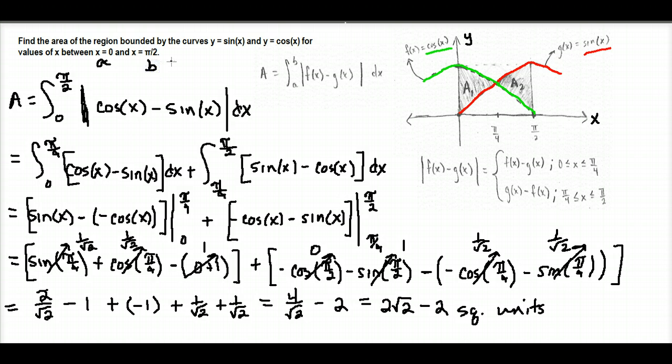And so we notice that since what's greater than and less than switches off, we want to make sure that we write it properly and break up the integral. So that's what we do for the first part. We break it up from 0 to pi over 4, letting cosine be the greater function, and then from pi over 4 to pi over 2, letting sine be the greater function. And then after that, we evaluate the integrals, figure out what the trigonometric functions are, evaluate for the different angles, and then afterwards we just compute our answer, and we get 2 root 2 minus 2 square units.